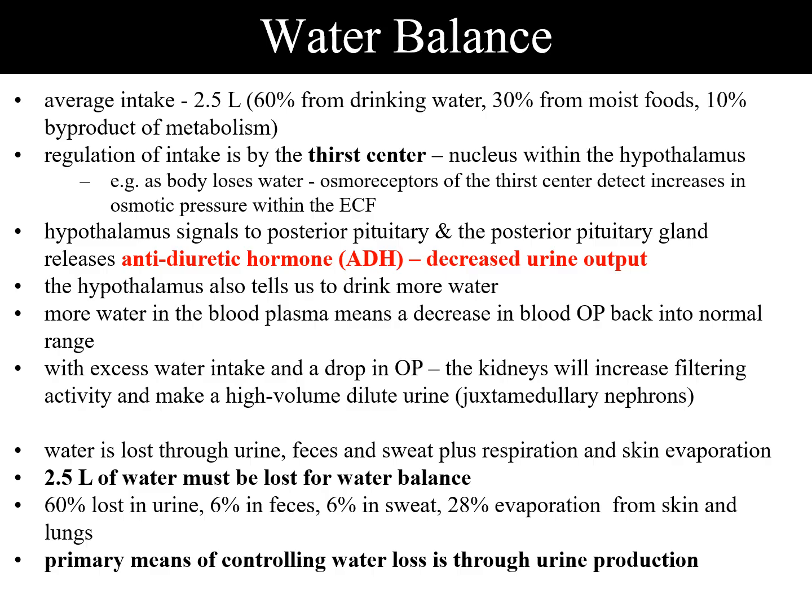It will also signal to the posterior pituitary and tell the posterior pituitary to release the hormone antidiuretic hormone. Antidiuretic hormone is made by the hypothalamus. It's stored in the posterior pituitary. And what antidiuretic hormone does is it acts on the nephrons of the kidney, on the distal convoluted tubule and the collecting duct.